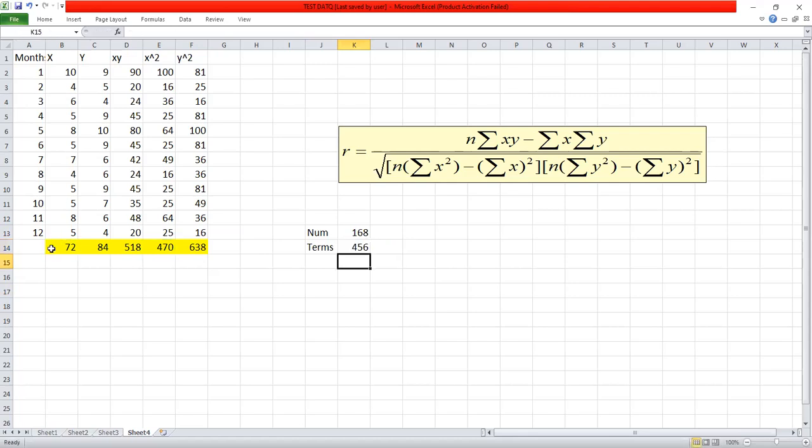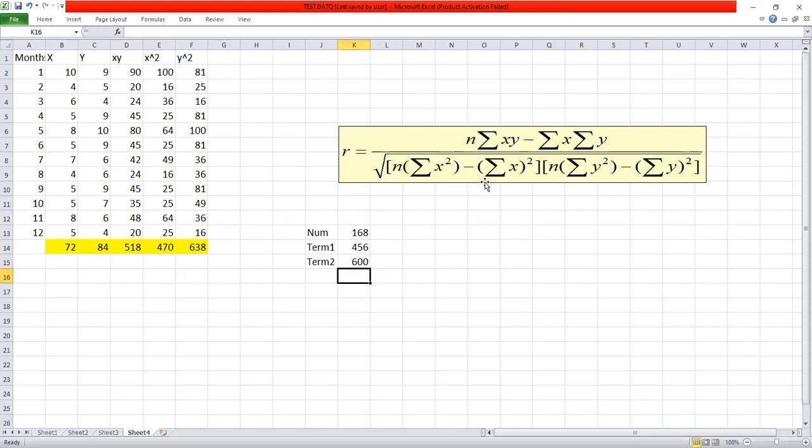That's the first term. Second term, the one for the y, is 12 times 638 minus 84 squared, 84 whole squared.